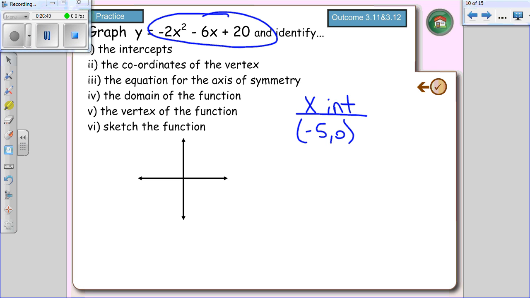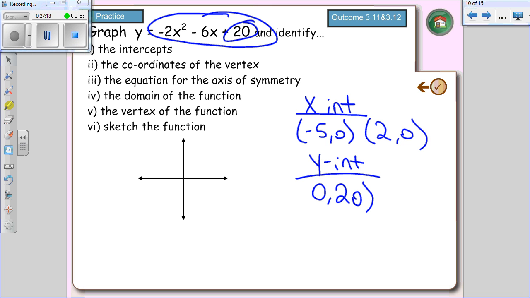Hit enter again, and you get 2, 0. Those are your x-intercepts. What's your y-intercept? That's the easiest one to calculate. It's your c value. It's 0, 20. Whatever your c value is will always be your y, and it's always 0, that.